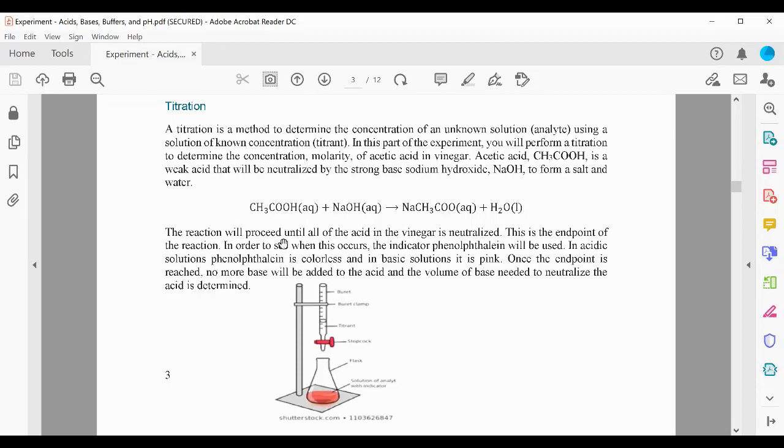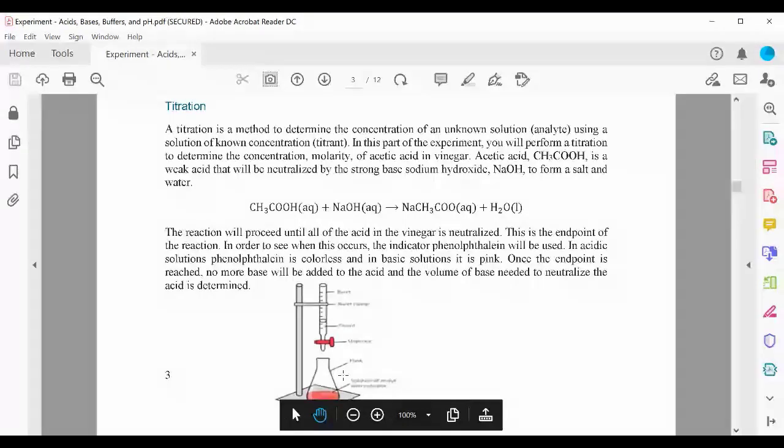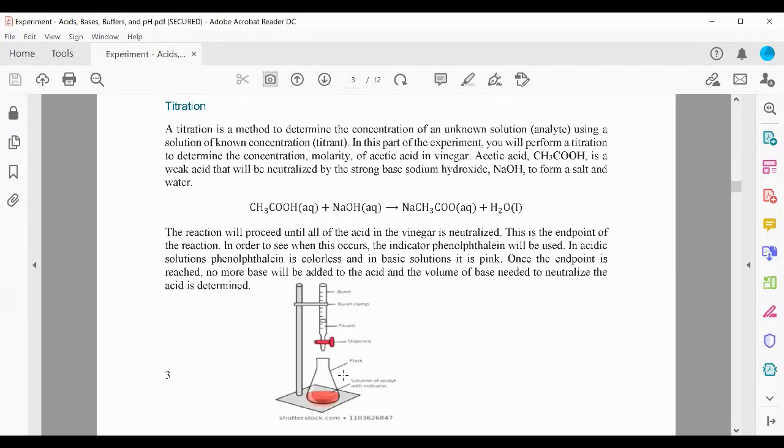The way to be close to that equivalence point is to use an indicator that will change very close to the equivalence point. And why does it change the color? That's another thing. The acid form of phenolphthalein has no color. So you add to the beaker your vinegar and a few drops of phenolphthalein, and it has no color, because that is the color of phenolphthalein when it's acid.